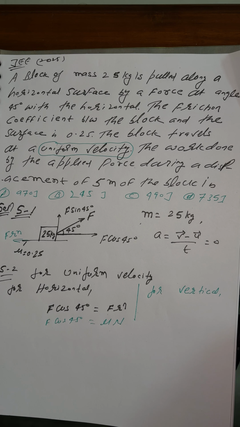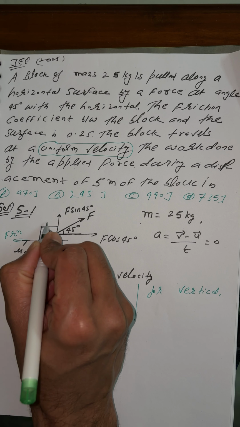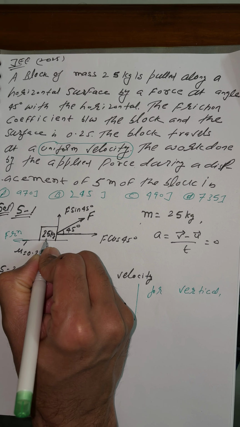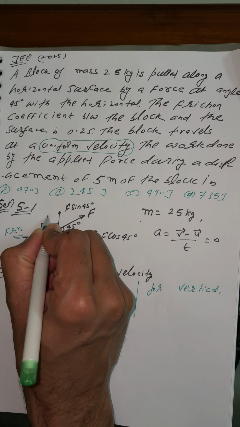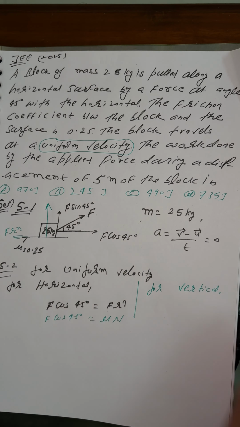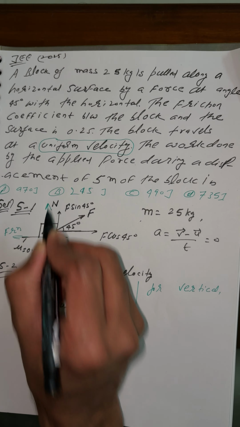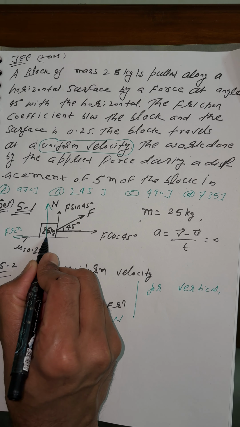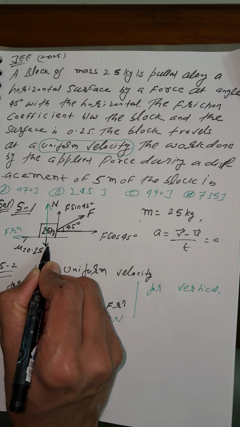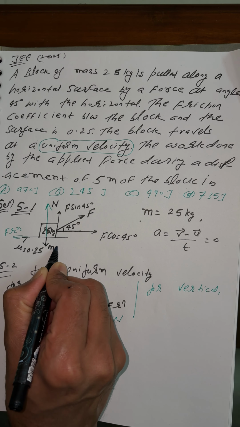So for getting normal you can make a complete free body diagram of this 25 kilogram block in the vertical direction as well. Normal, as you know, always acts perpendicular to the contact surface, my dear. Now this is the mg force.